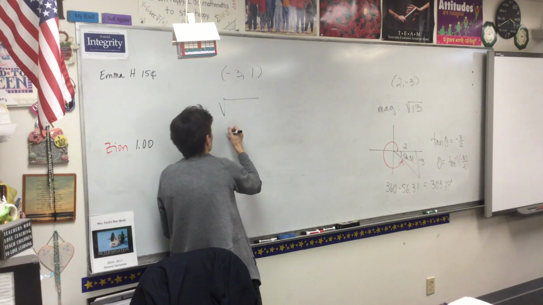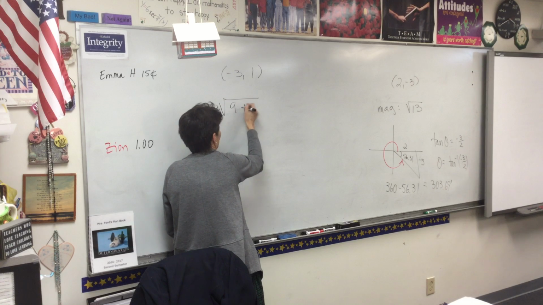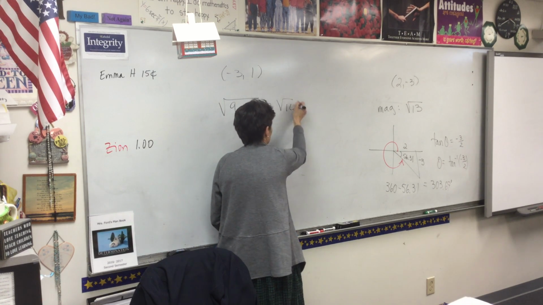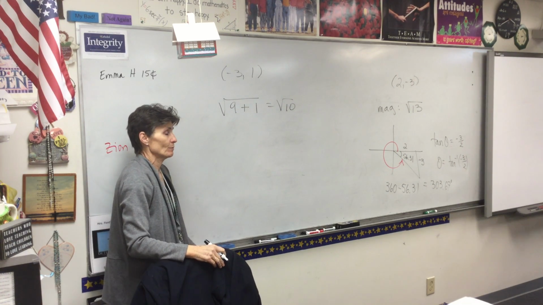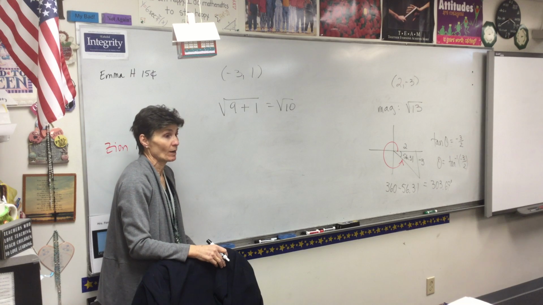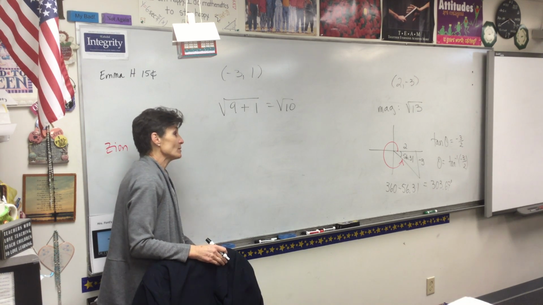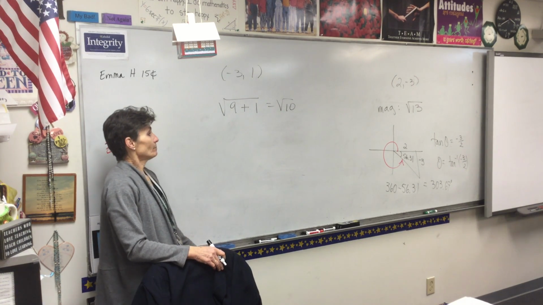So the magnitude would be 9 plus 1, so square root of 10. The square root of 10 is not 2 root 5. The square root of 10 does not break down, because it's just 2 and 5. All right, so now what do I do? That's the first step. Now what?